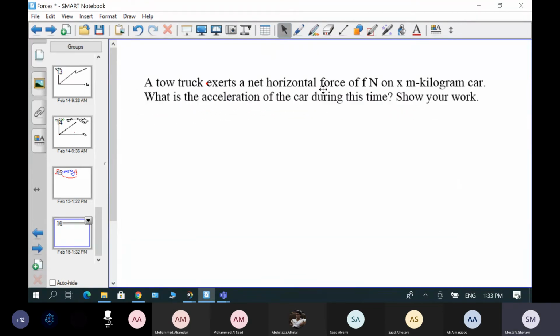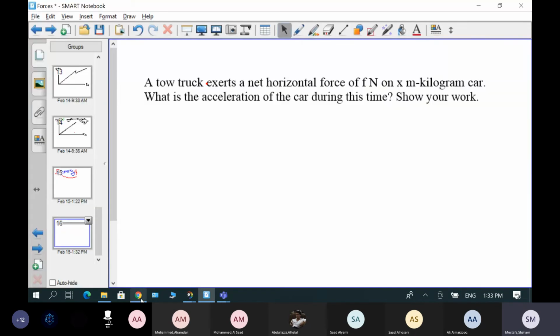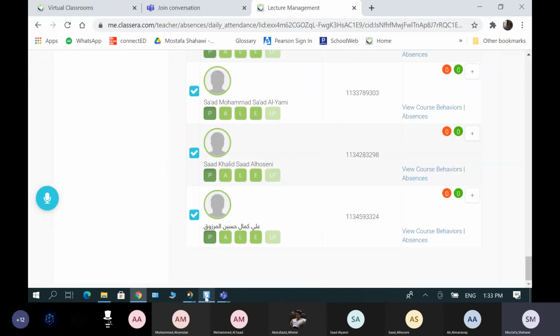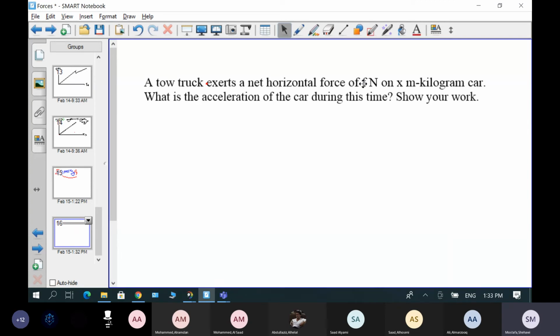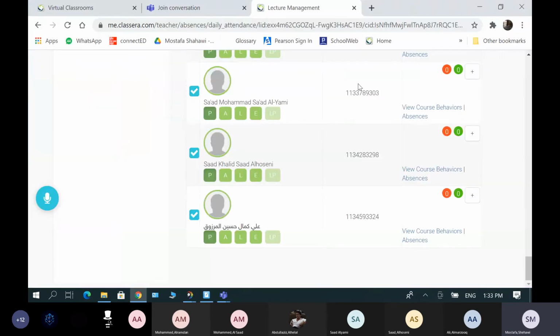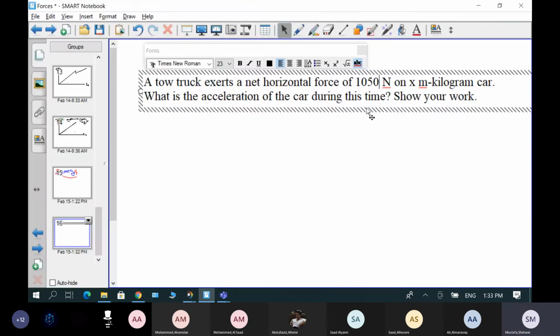So a tow truck exerts a net force of 1050 Newton on a mass of 760 kilogram car. What is the acceleration?